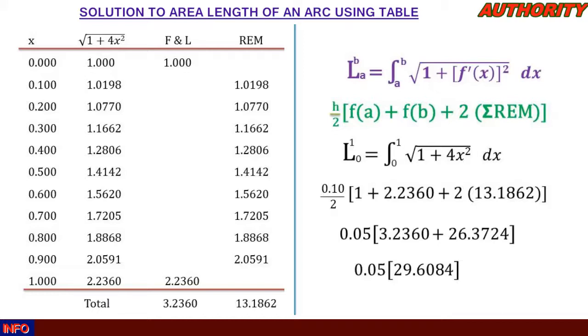So 0.05 multiplied by 29.6084 is going to give us approximately 1.48. So we discovered that when we used the calculator, it gives us approximately 1.48, and then when we tried using the table, we got the same value, approximately 1.48. You get it right? So therefore, this is how to solve arc length using a table.